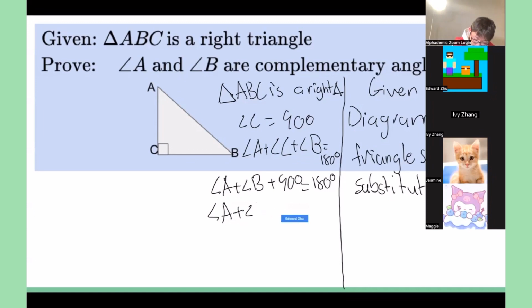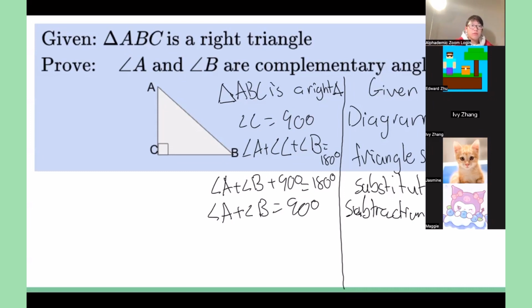One second. There we go. Angle A plus angle B equals 90 degrees, which is the subtraction property of equality. I just shorthanded that, which basically says that when you see this, you can subtract 90 from both sides.